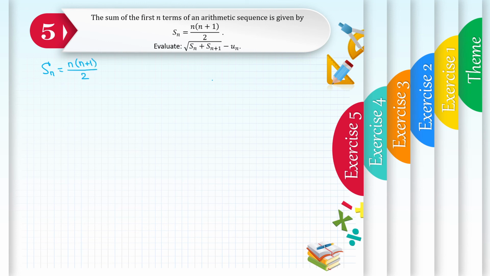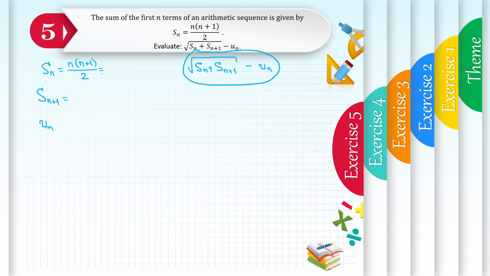And we have to evaluate the square root of S sub n plus S sub n plus 1 minus u sub n. For evaluating this expression, firstly we need to find the formula for S sub n plus 1 and the formula for u sub n.